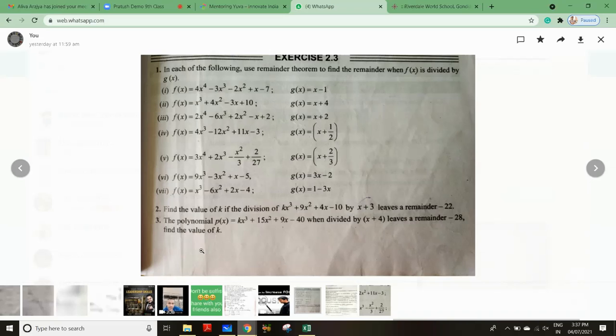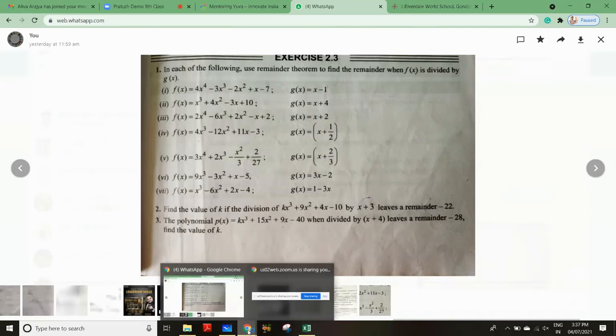So in this question also we will first equate x plus 3 with 0. Here gx is given as x plus 3, and fx is given as kx cube plus 9x square plus 4x minus 10, and the remainder is given, that is -22.